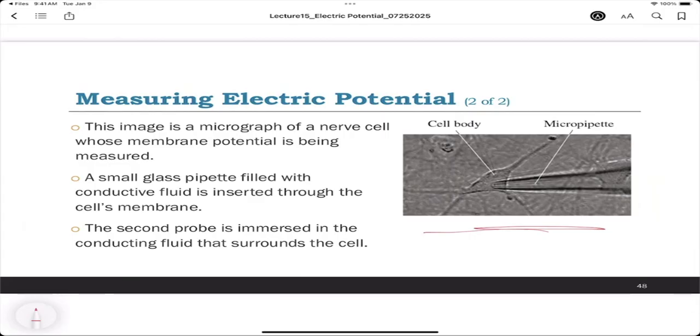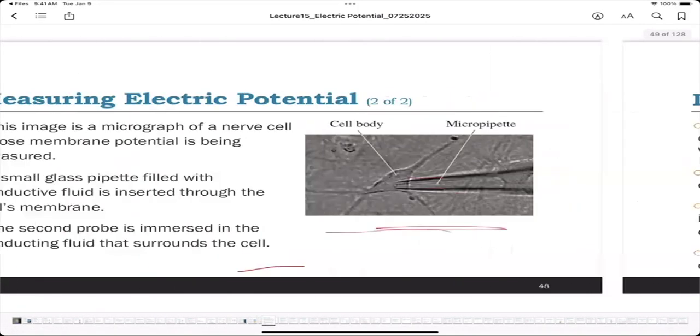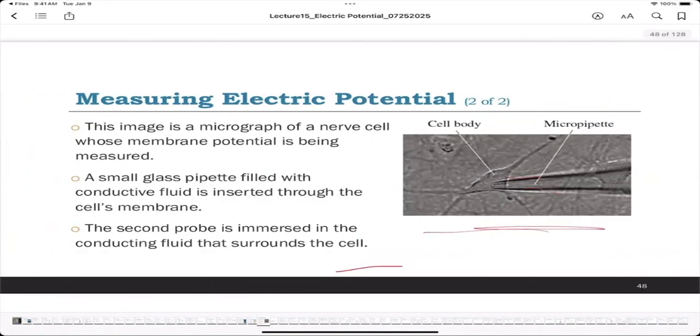A small glass pipette filled with conductive fluid is inserted through the cell's membrane, and the second probe is immersed in the conducting fluid that surrounds the cell. You can see this micropipette can measure the electrical potential in a nerve cell.